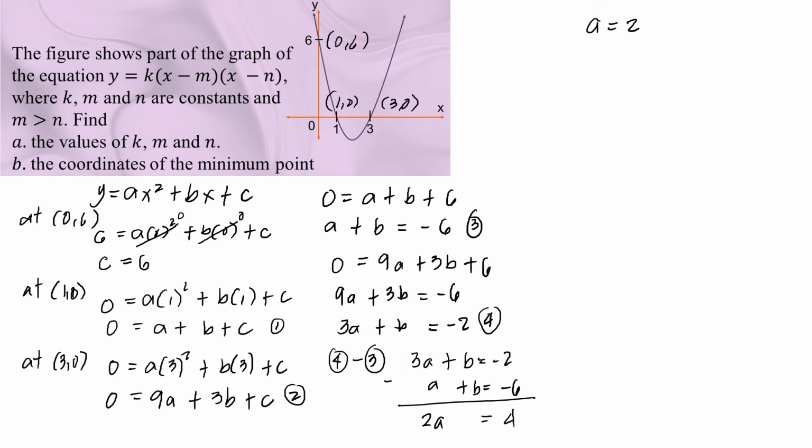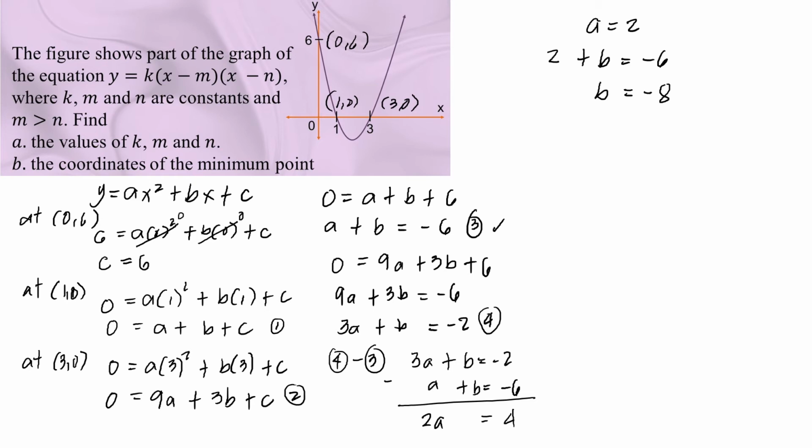Sunod, kunin natin ang value ng b, gamitin natin ang equation 3, at i-substitute natin yung a equals 2. So, meron tayong 2 plus b equals negative 6. Subtract tayo ng 2 sa both sides of the equation. Meron tayong b equals negative 6 minus 2, that is negative 8.